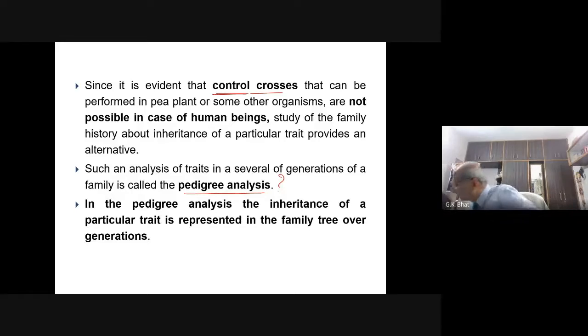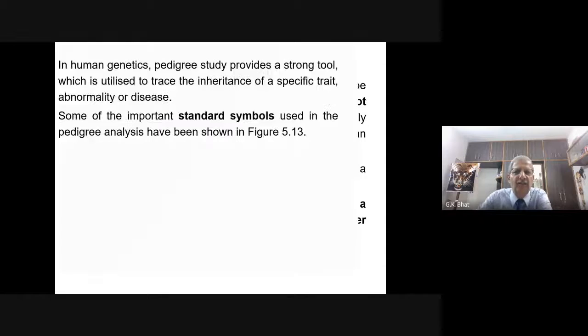How the inheritance of a particular trait takes place in the family is represented in the family tree over generations. Understood? This is the definition of pedigree analysis.